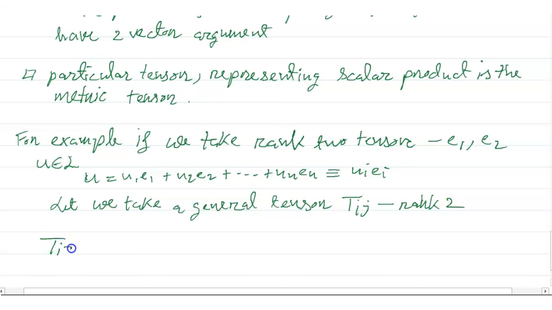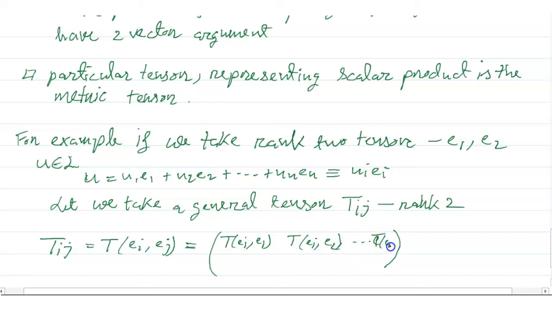Then Tij equals to T(Ei, Ej) equals to, it is twice ranked, so it can be written T(E1, E1), T(Ei, E2) up to T(Ei, En), and T(Ej, E1) up to T(Ej, En).